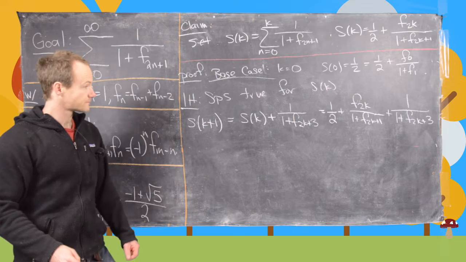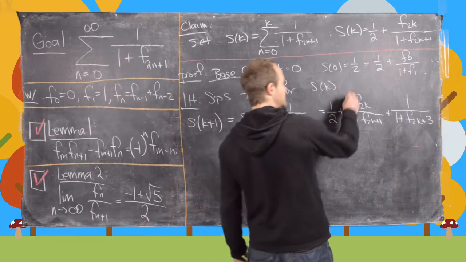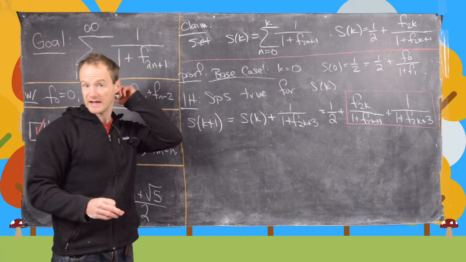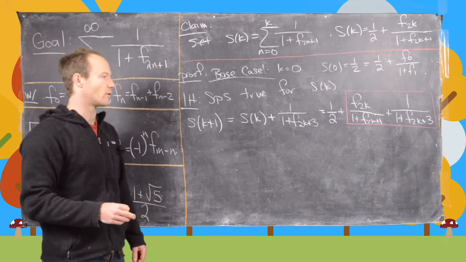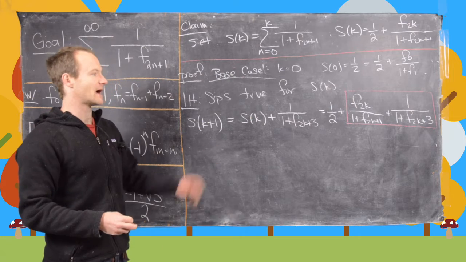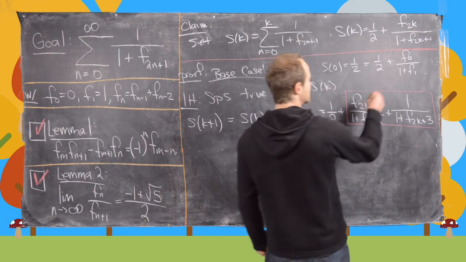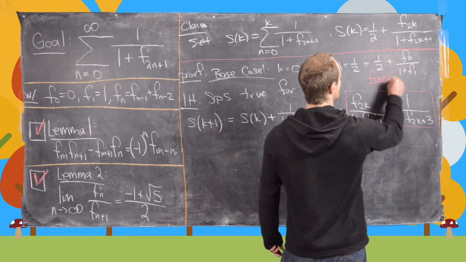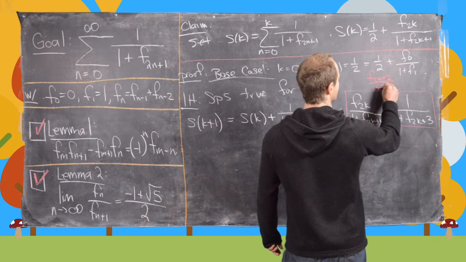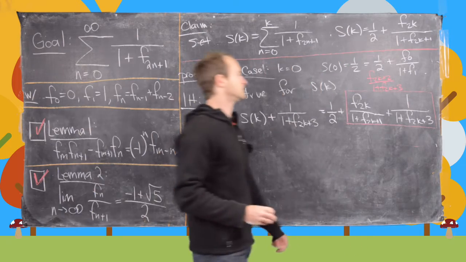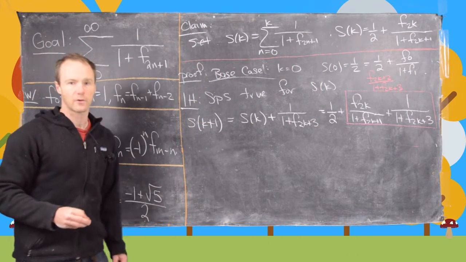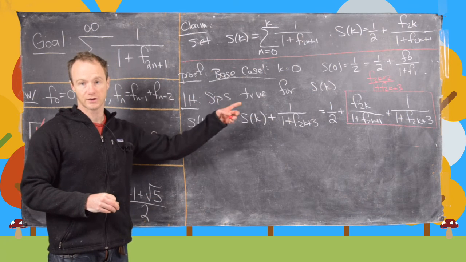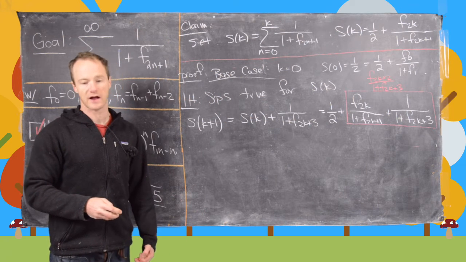Now, what I'm going to do at this point is focus on everything in this red box. If I can get everything in that red box to be of the right form, then we have it. Let's remind ourselves what we want that form to be. Our goal is for this to be f sub 2k plus 2 over 1 plus f sub 2k plus 3. That would prove our formula for the kth partial sum with induction. So our goal, to reiterate, is to get that red box to be in that right form.